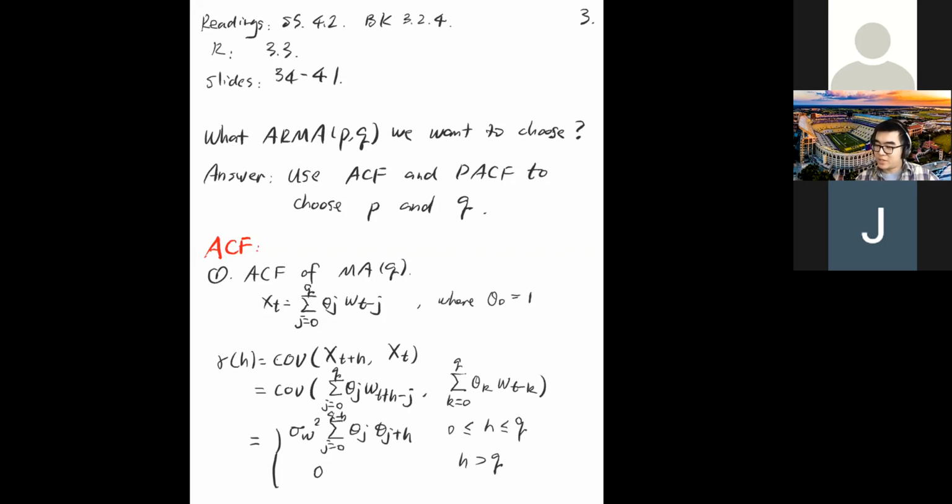If H is larger than Q, then the autocovariance is 0. And if H is at most Q and larger than 0, then the autocovariance is this top formula. So it's not equal to 0, that's a key point. It's sigma W squared times the summation of products.